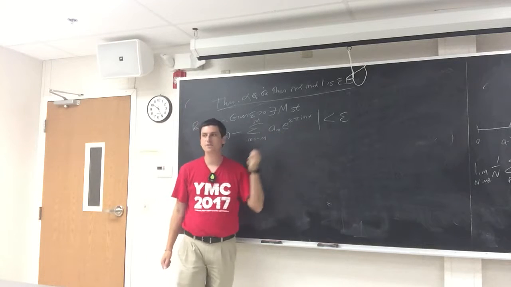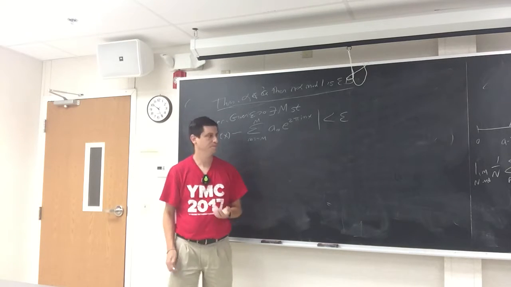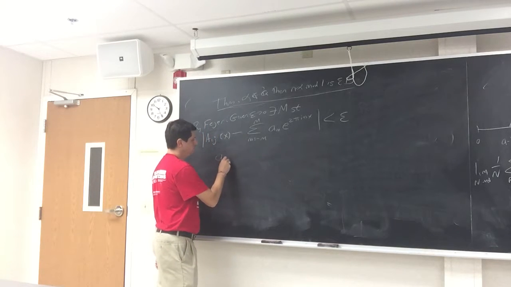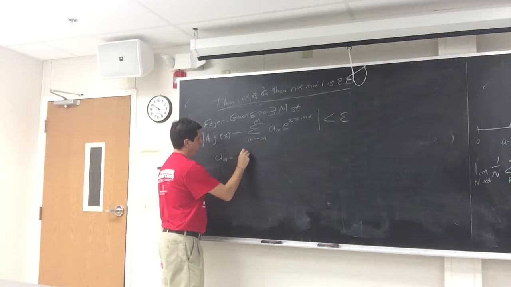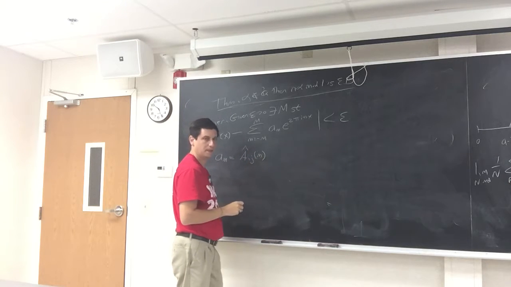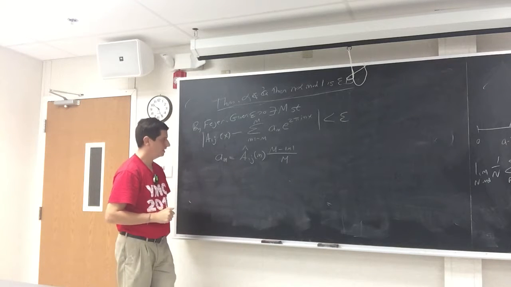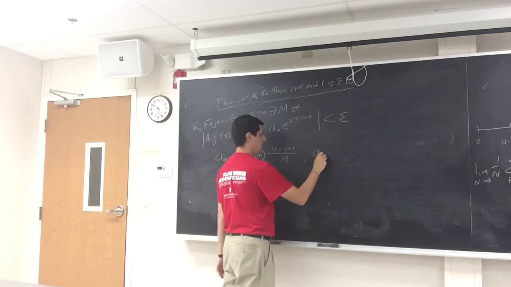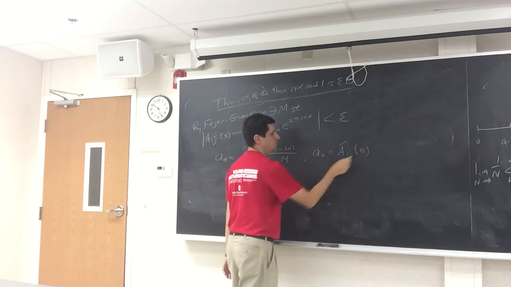We actually know what these a_m's are in terms of the Fourier coefficients. They're the weighted Fourier coefficients. So a_m is going to be a1j hat of m, and then the weight will be (M minus the absolute value of m) over M. In particular, a0 is just a1j hat of 0.